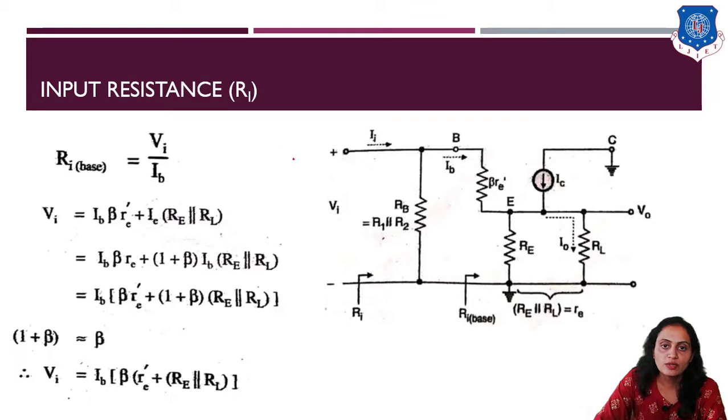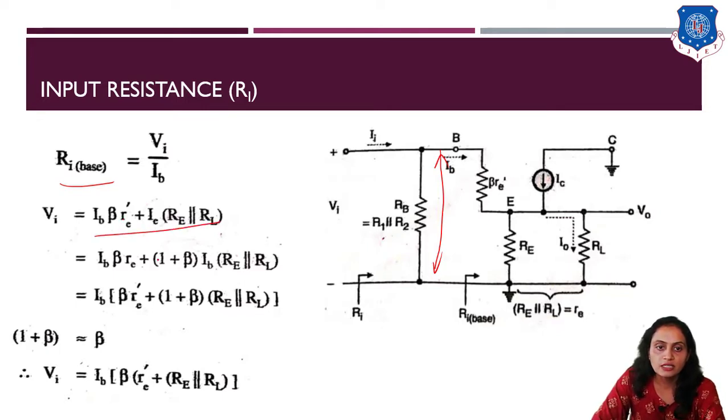Now we will find the input resistance for this common collector amplifier, that is the resistance looking into the input terminal of the amplifier. One more resistance is RI base, the resistance looking into the base terminal. That resistance is VI, the voltage across this, divided by IB, and VI is given from the previous slide by this equation, where we have replaced IE with 1 plus beta IB.